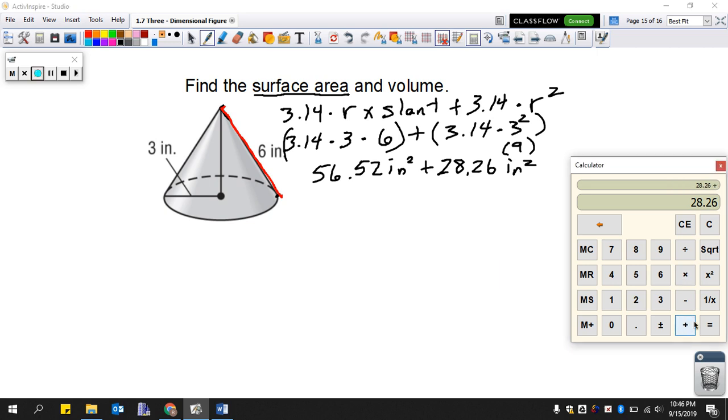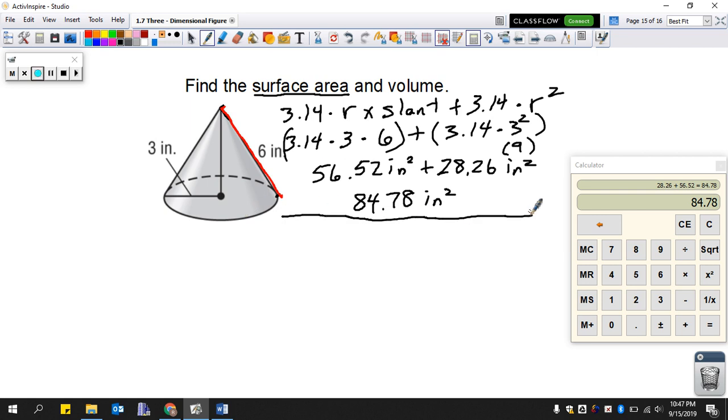So you add the two together, 28.26 plus 56.52, we end up with 84.78 square inches. So the surface area of this cone is 84.78 square inches.